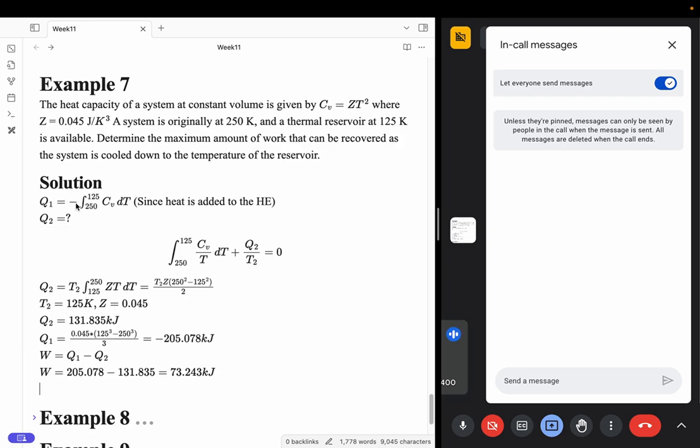Okay, is this clear, the first part? So when I write the integral, there should be a minus here because this is the heat that is being added to the heat engine or the heat rejected from the system. Integral CV dT is the heat rejected from the system, so negative of that will be the heat added to the heat engine. So you're getting the same answer?